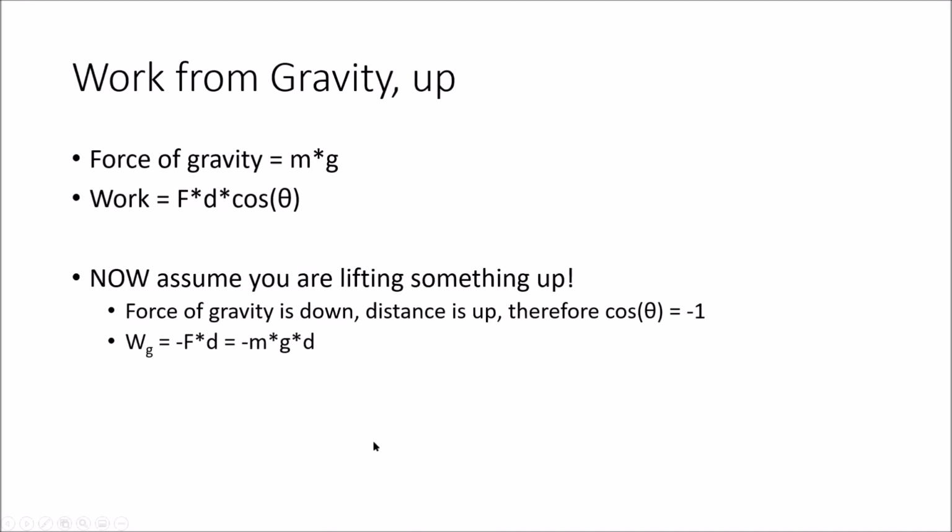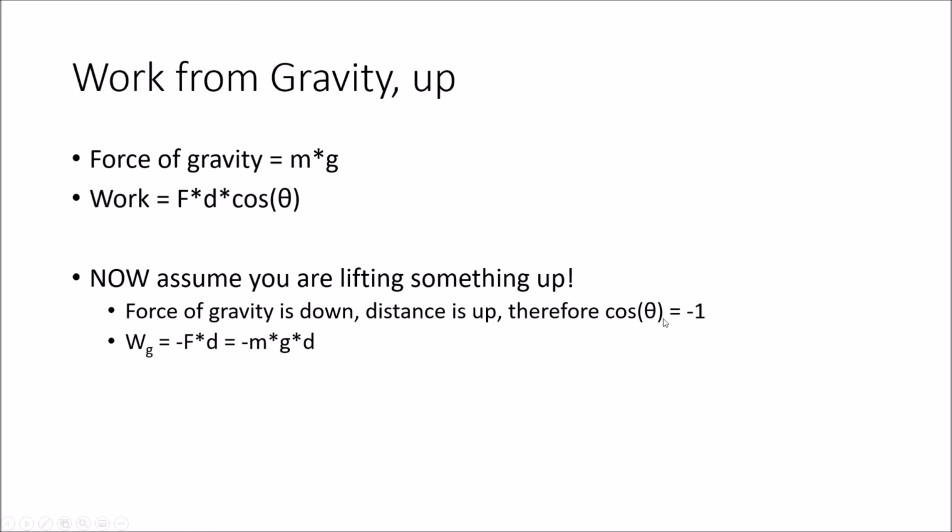We can do the same thing for work from gravity going up, and now assume that you're lifting something up. Well, that's going to be another force. You actually pushing something up is a different force, but we're just looking at the work from gravity. We don't care about any other kinds of work. Now the force of gravity is down, but the displacement, the distance that it's going, is up.